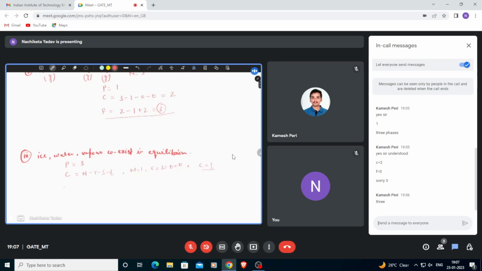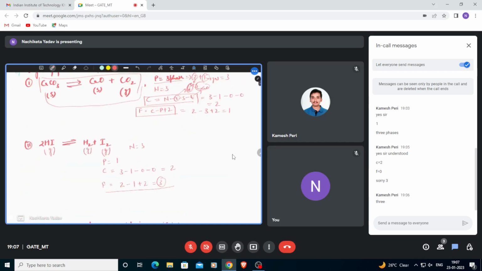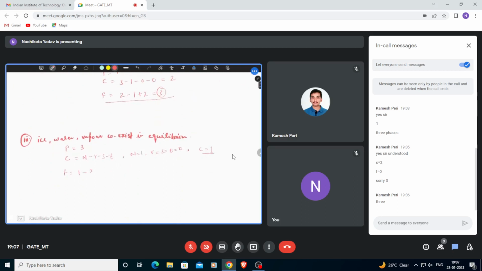So if we calculate the F value, it is C minus P plus 2, which is 1 minus 3 plus 2. That means there will be 0 degrees of freedom for ice, water, and vapor. If they coexist in equilibrium, then the degree of freedom will be 0.